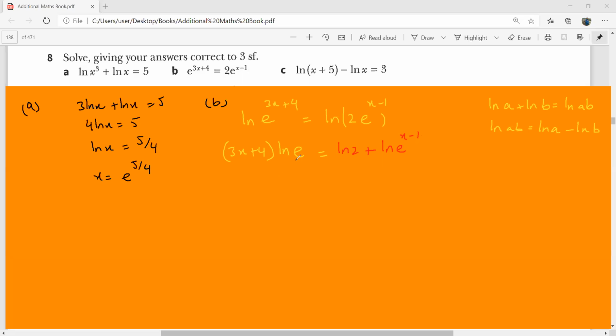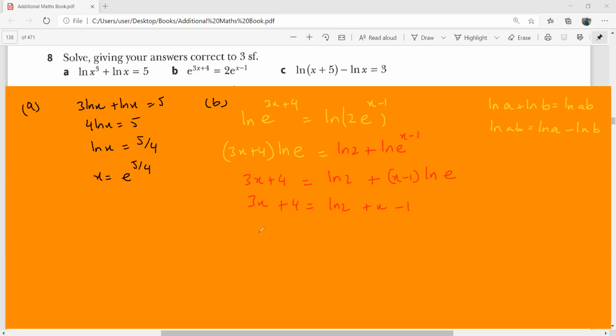Okay, so this ln e is 1, so we are left with 3x plus 4 on the left hand side. Let it be ln 2. This would become (x minus 1) ln e, and ln e again, you know that is 1. Okay, this is going to be 3x plus 4 equals ln 2 plus x minus 1. Let us simplify this.